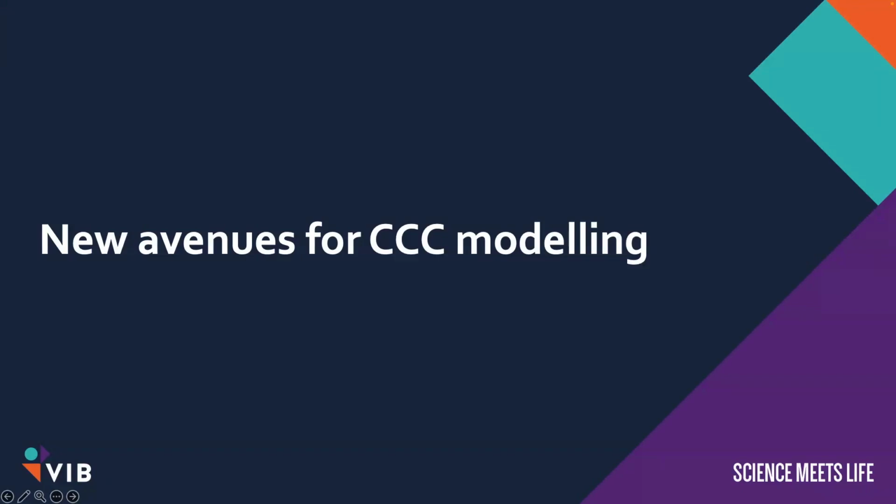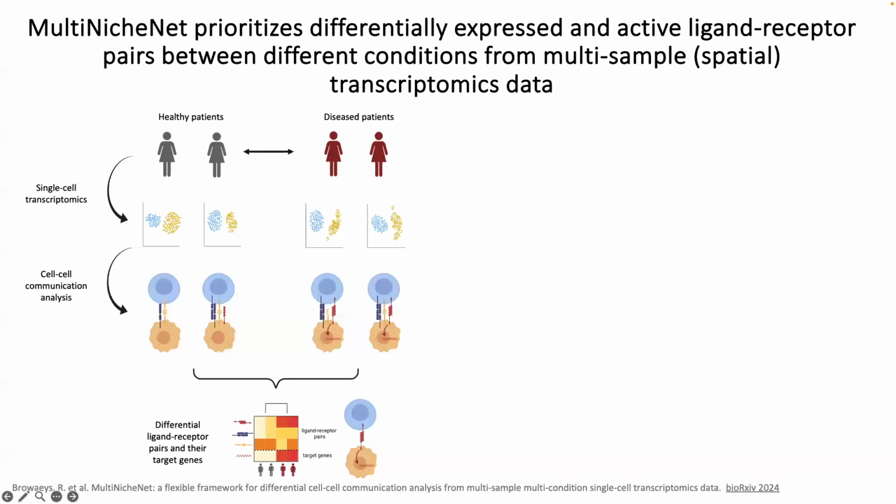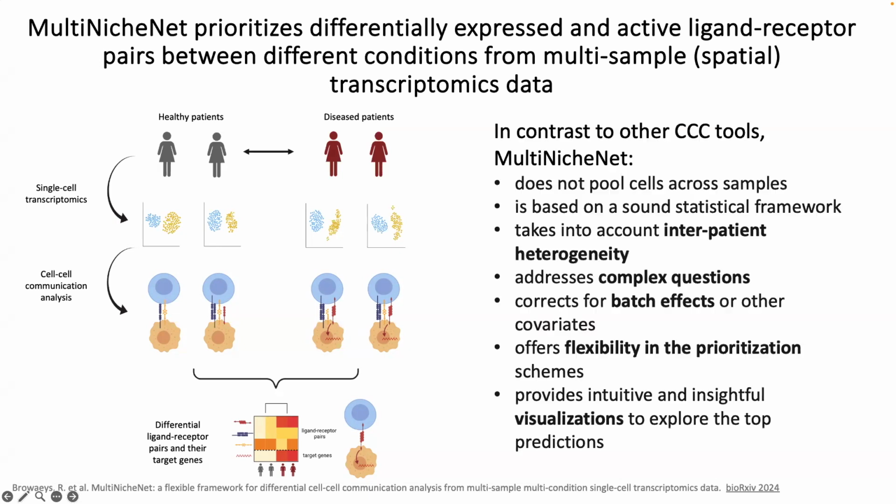One of the most interesting directions is comparative analysis. For example, you have a cohort of patients, some of them responding well to a therapy, some not. Can we see what is different in terms of cell-cell communication between the responders and the non-responders?